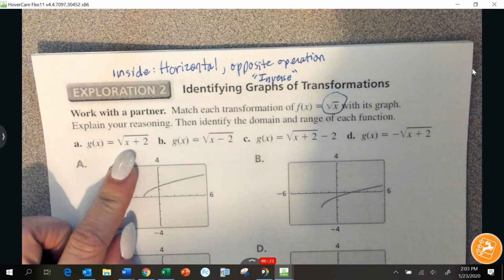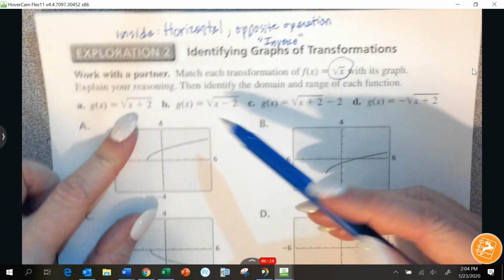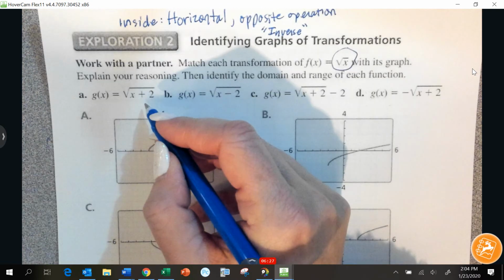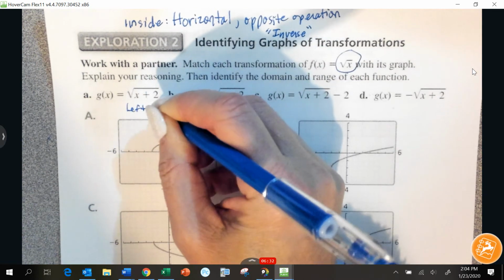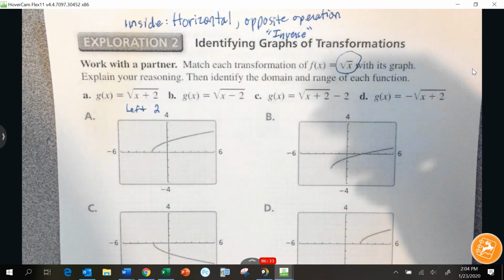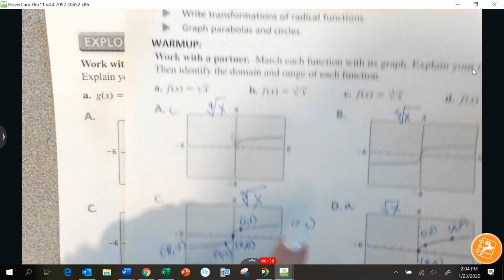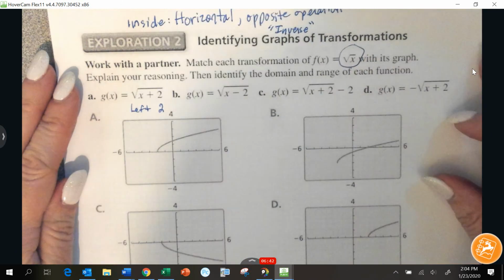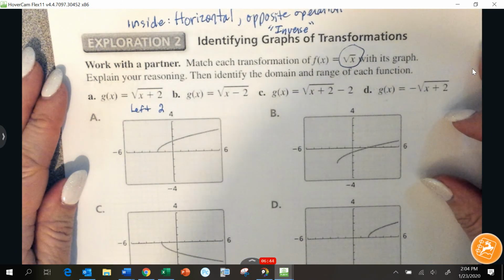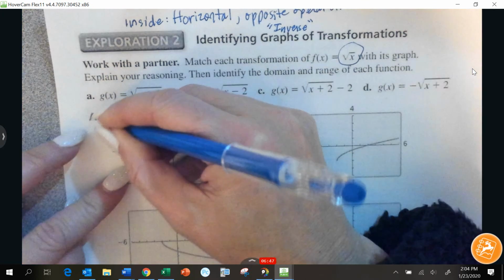And inside is horizontal, so this would go left 2 units. So we just take our parent function, which you saw for graph D. We take that function and we look, which one has moved left 2? It's A. Okay, so little a and big A, they go together.